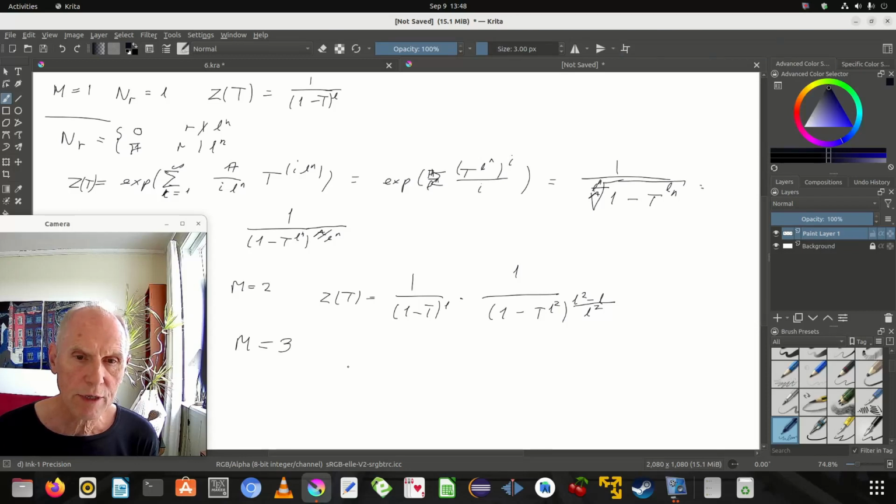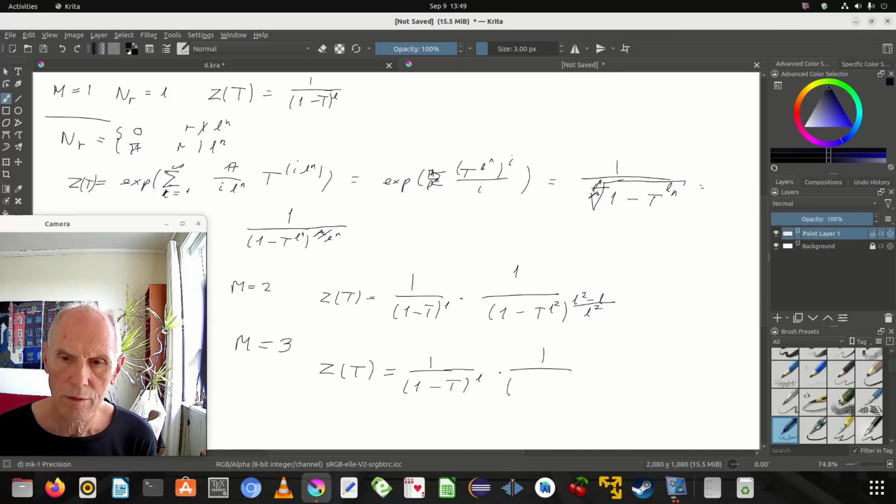And in case m equals 3, it doesn't seem logical that it's not t to the lth.